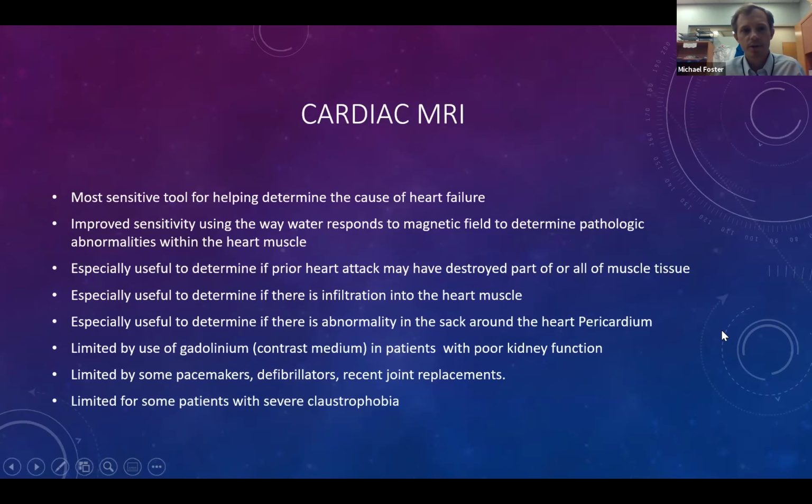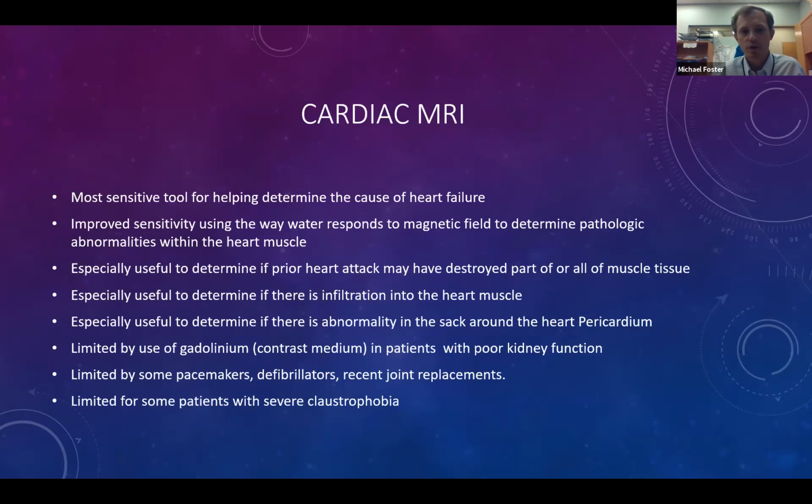Cardiac MRI is an exquisitely sensitive tool for helping determine cause of heart failure. And again, it uses magnetic fields and measures the way water responds to the magnetic fields within the tissue. And it uses this to actually create images. It is very useful to tell if the patient has an abnormality of function due to a prior heart attack that may have destroyed part or all of the muscle tissue.